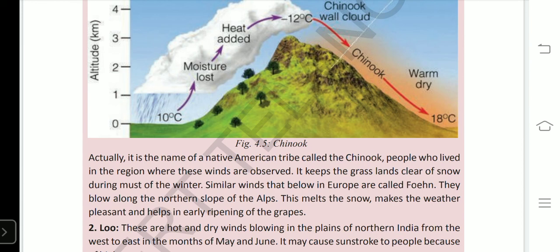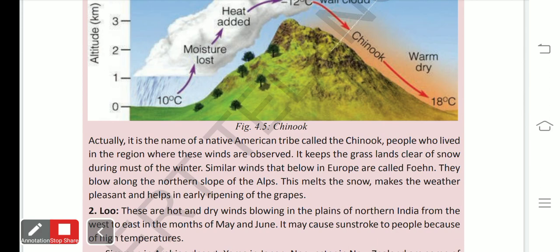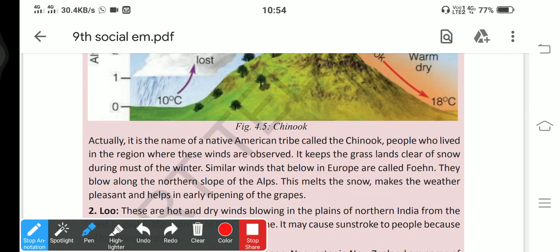Understand? Similar to this hot wind Chinook, which blows in the Rocky Mountains of the USA and Canada, in Europe too there is one hot wind called Fohn, not our mobile phone.